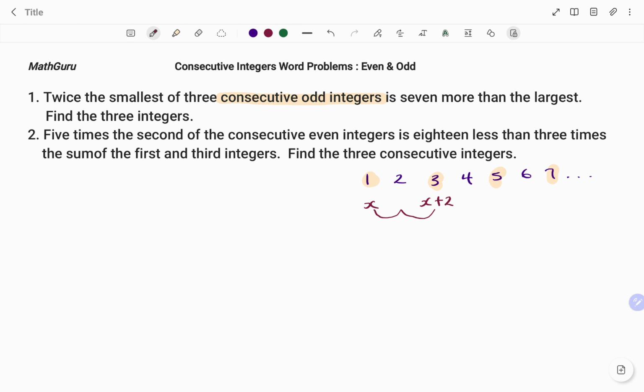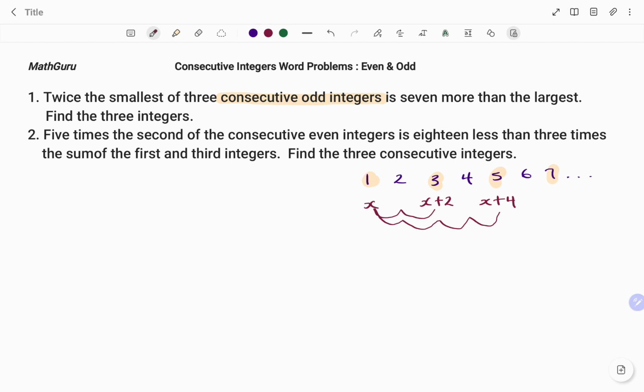If I'm to move from 3 to 5, because my reference point is the number 1, which is x, I'm going to move 1, 2, 3, and 4 spaces to get to 5. So that will be x plus 4, and so on. If I'm to move to 7 from 5, starting from the reference point, that will be x plus 6.